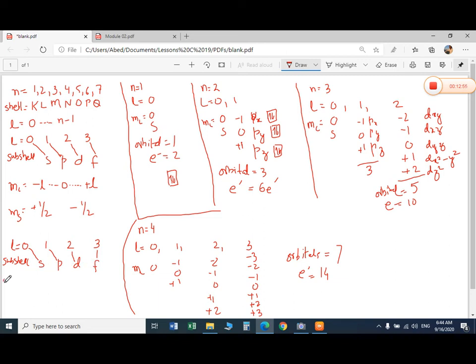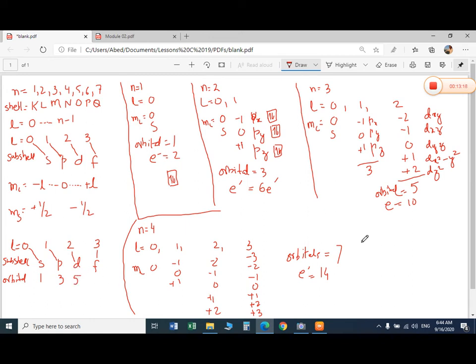Now orbitals: in S, one orbital. In the P there are 3 orbitals. In the D there are 5 orbitals.